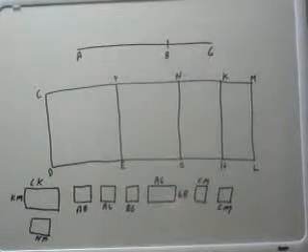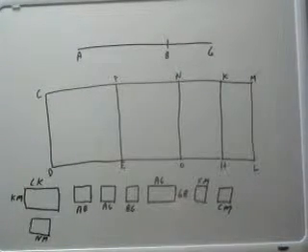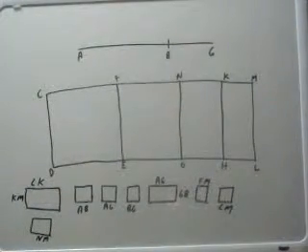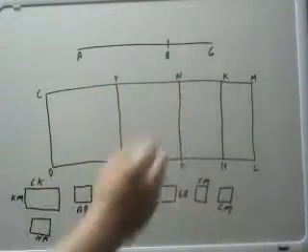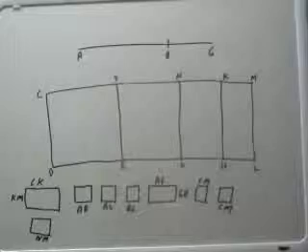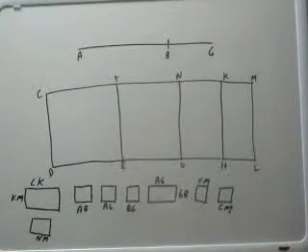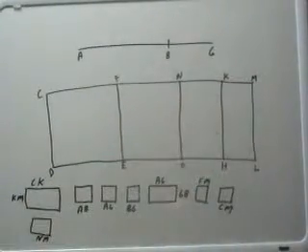So far, so good. But as CH is to NL, as this is to this, so is CK to NM. And as NL is to KL, as these two are to this, so is NM to KM. So as this is to that.